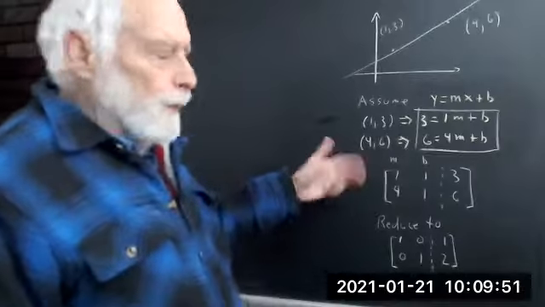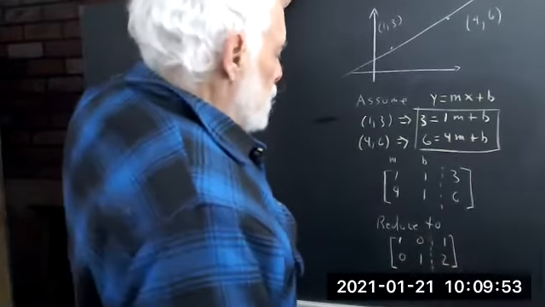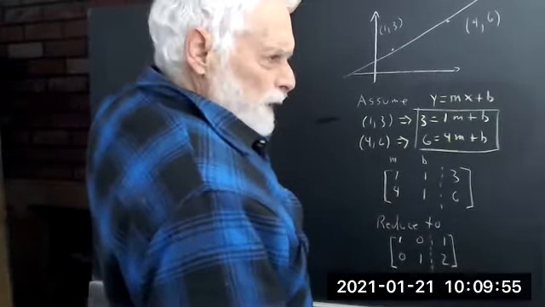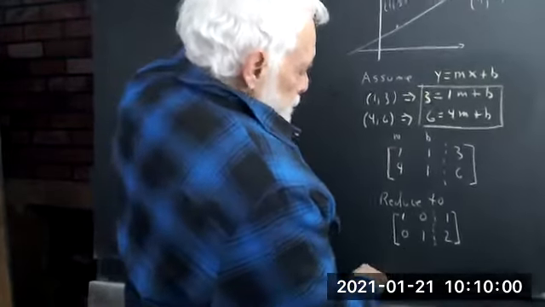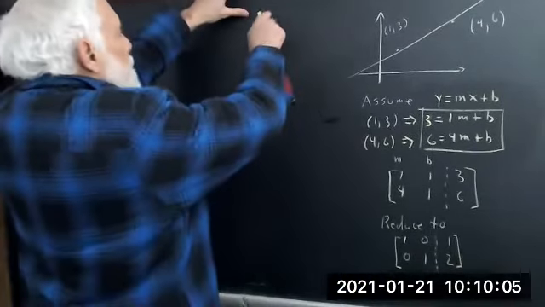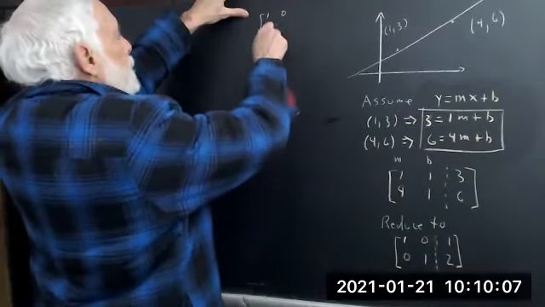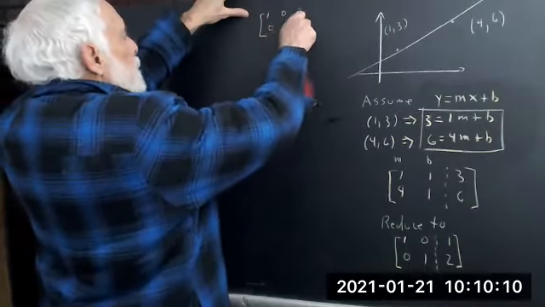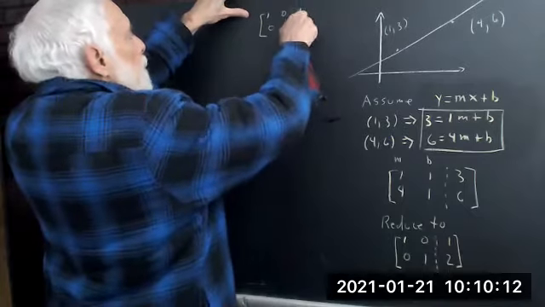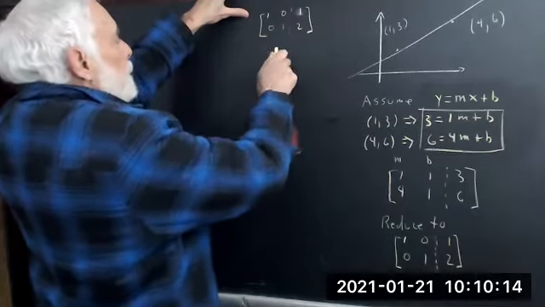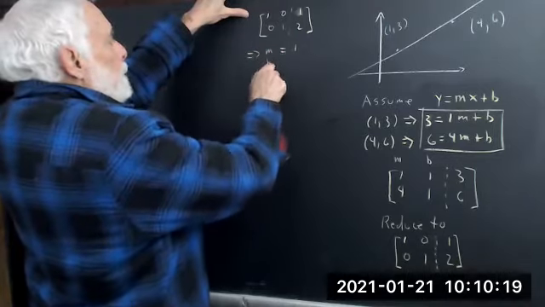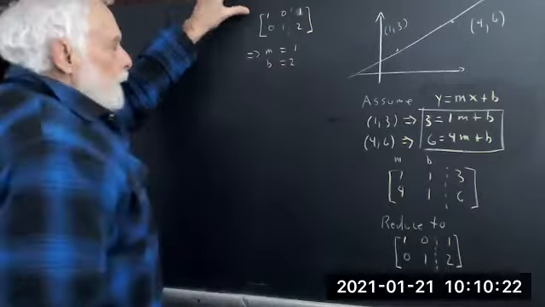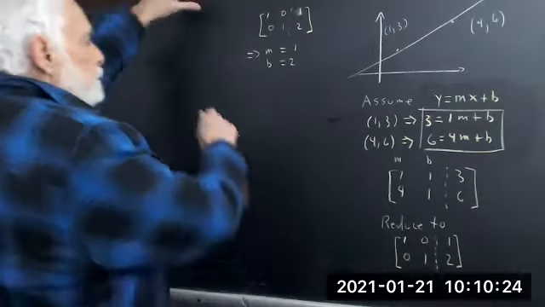And the process of reducing, I'm not going to go through that, but the reduced matrix is going to be here, which tells us that M equals 1, B equals 2.